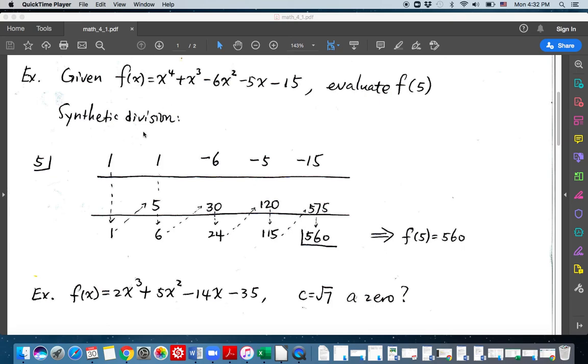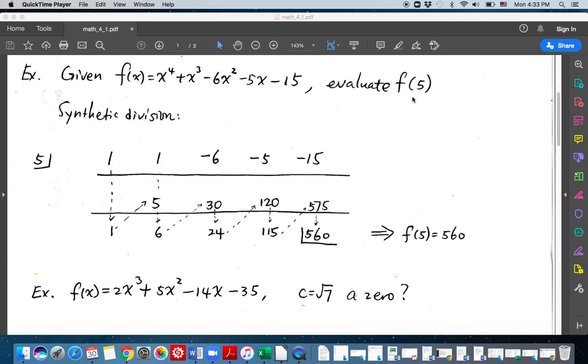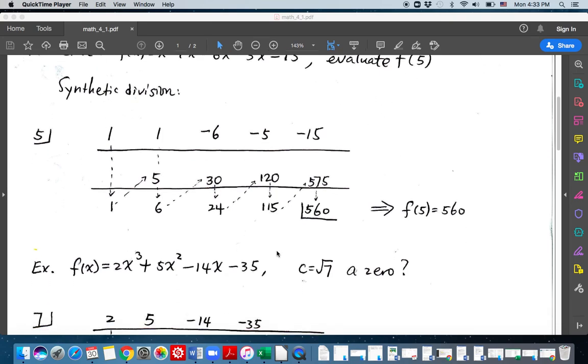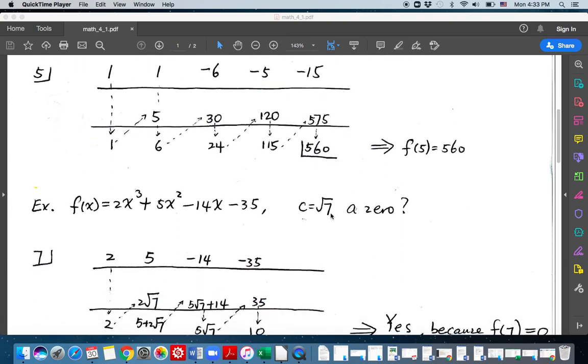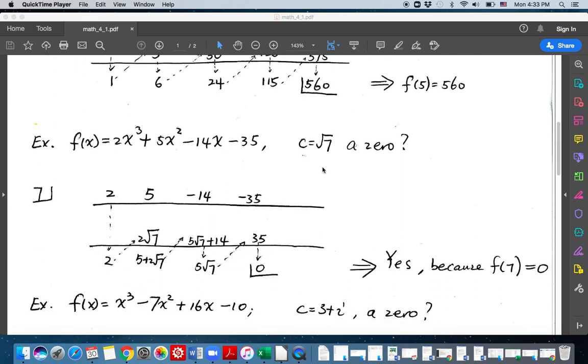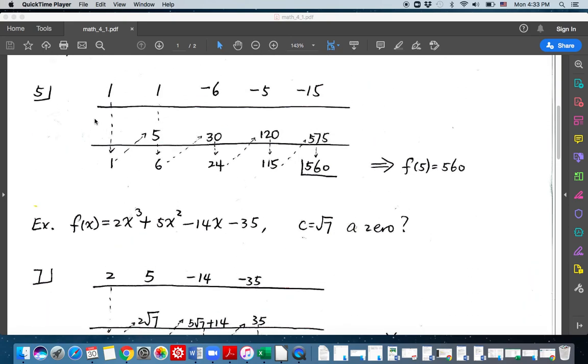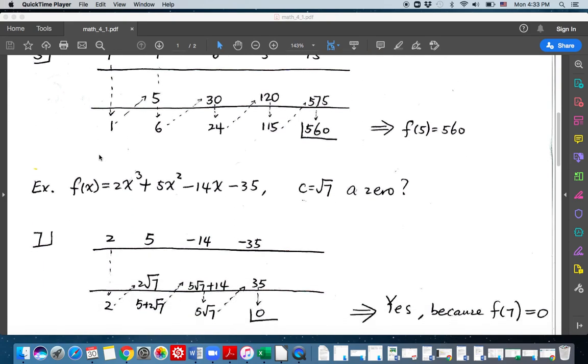At that point, using synthetic division is going to be a lot easier to get the function value compared to substitution. So not only can we evaluate the function at a rational number, we can also do it at an irrational number, for example, root 7. And the procedure for synthetic division is the same.